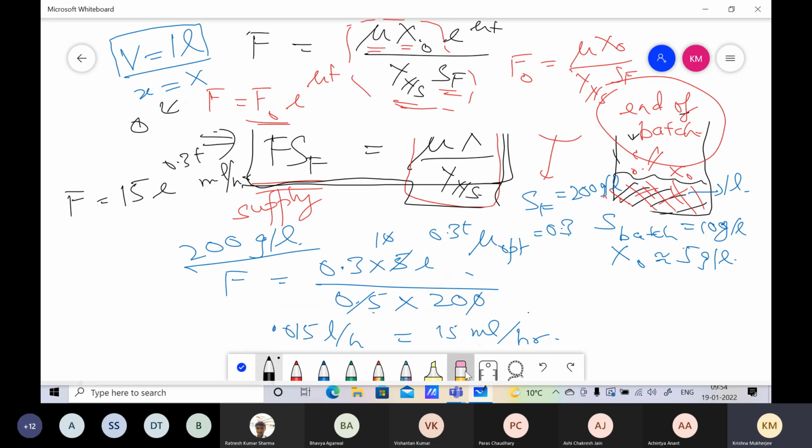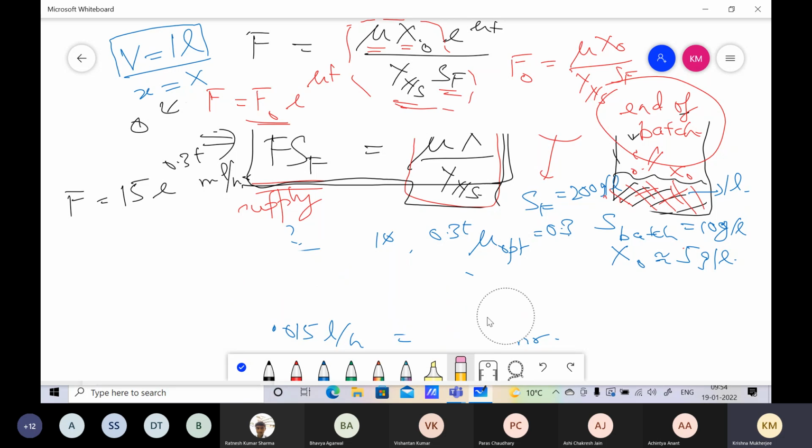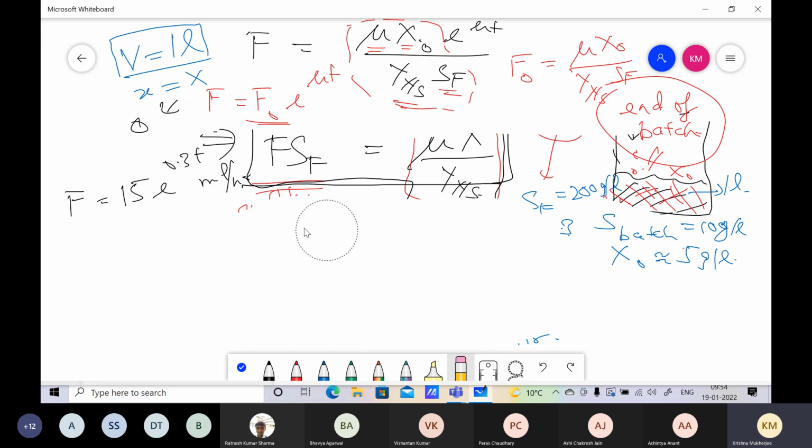You can of course substitute it, but I do this very simple thing: if the cells are growing at 0.3, then the doubling time TD is given by, and I hope you know this, ln2 by mu. All of you are familiar with this equation and its derivation? Yes, sir.